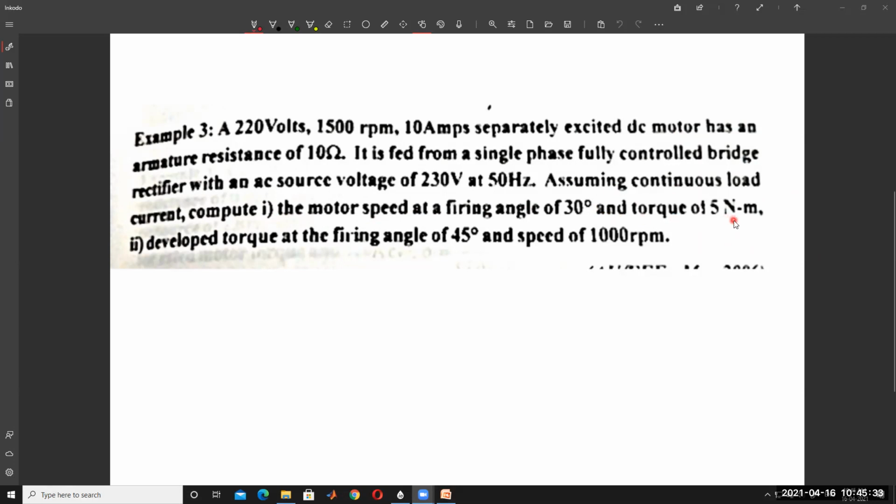This is the first problem. And the second problem: the developed torque at a firing angle of 45 degrees and a speed of 1000 RPM.